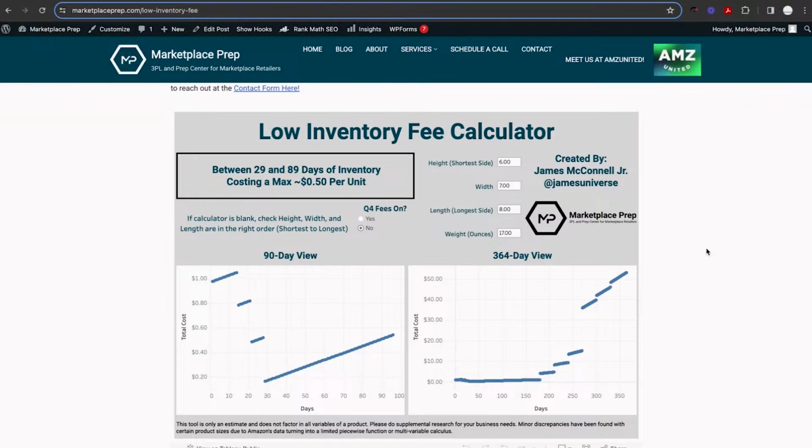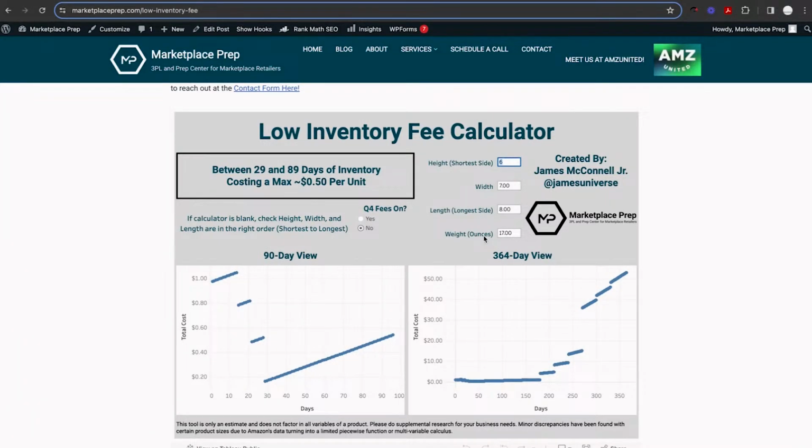A few quick notes: this should work on mobile. It should work on desktop. Little finicky sometimes. It takes a little bit to load because there's a lot of math behind it. I don't have an ASIN plugin, but if you just put your height, width, and length, shortest to longest, and then your weight in ounces.